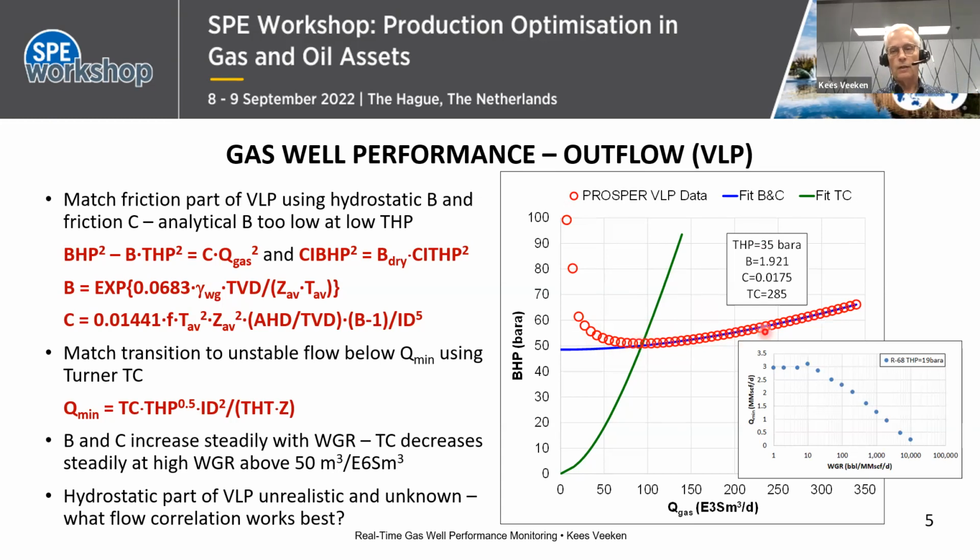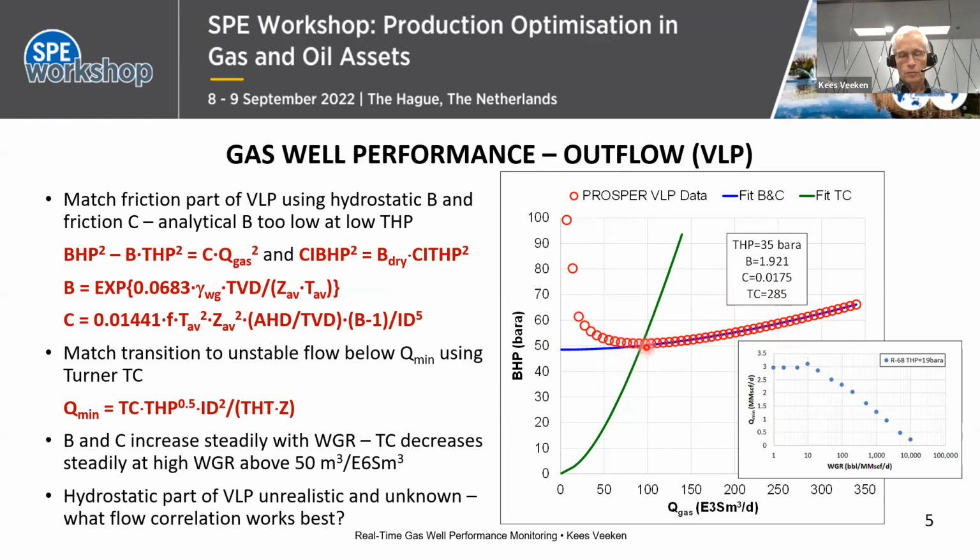For higher gas rates, fluid and gas are in an annular flow regime, which has limited hydrostatic, and which is the regime you want to be in because it's most efficient. But as your gas rate drops, the flow regime changes to churn, slug, bubble, and that's when you create more back pressure in your wellbore.